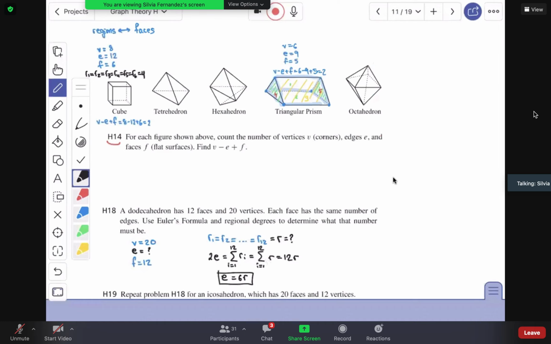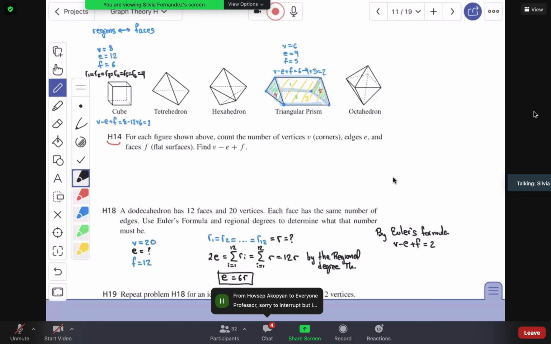So that's using the regional degree theorem. And then we use Euler's formula. You know that vertices minus edges plus faces equals 2. You know that vertices is 20.